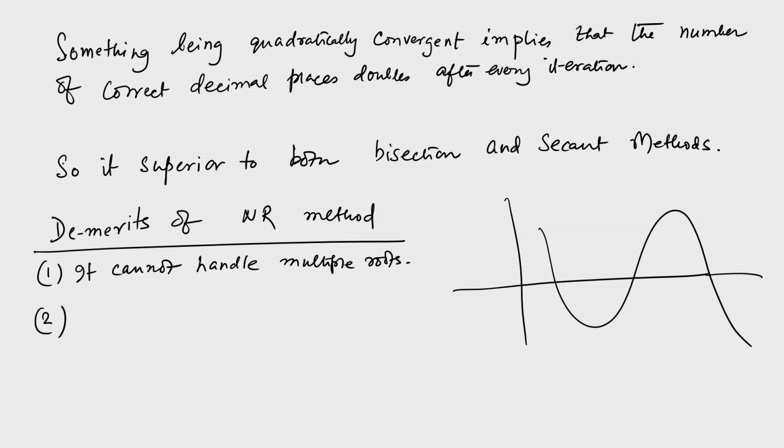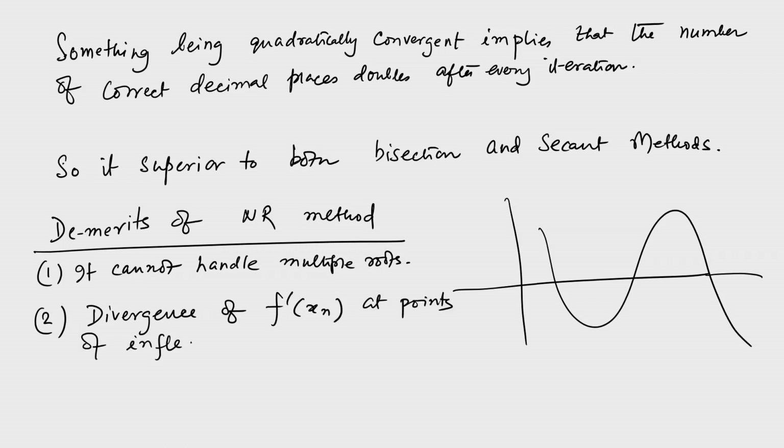The other is mainly related to the divergence of f prime x n at the point of inflection. The third could be oscillatory roots.